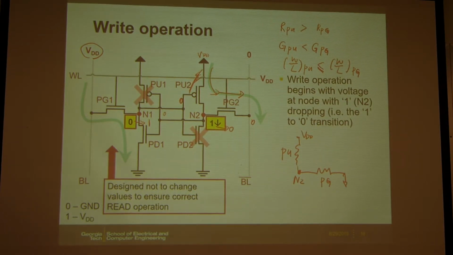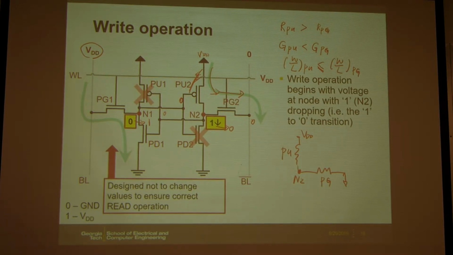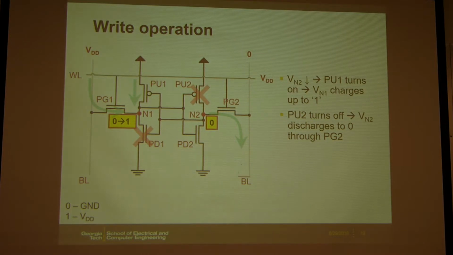So the pull-up transistor, even if it has the same W over L as the pass gate, still has lower conductance because the mobility mu P is smaller than mu N. Remember, mu P is smaller than mu N. Okay, so this is the condition you need to satisfy, and once you have this condition, then the N2 node can be pulled down first.